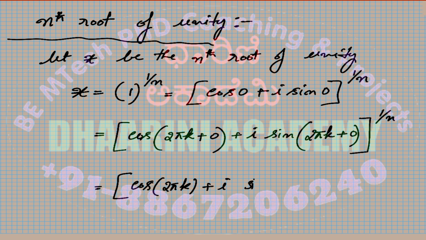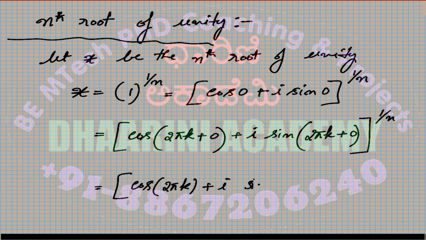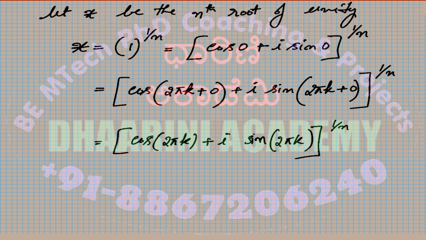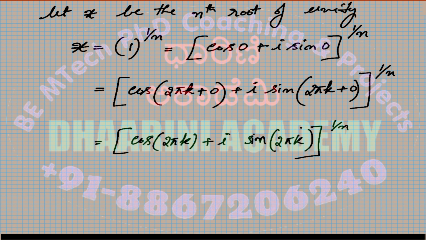Now we have already come across de Moivre's theorem, which says that raising to the power 1 by n means that n can come inside the brackets.